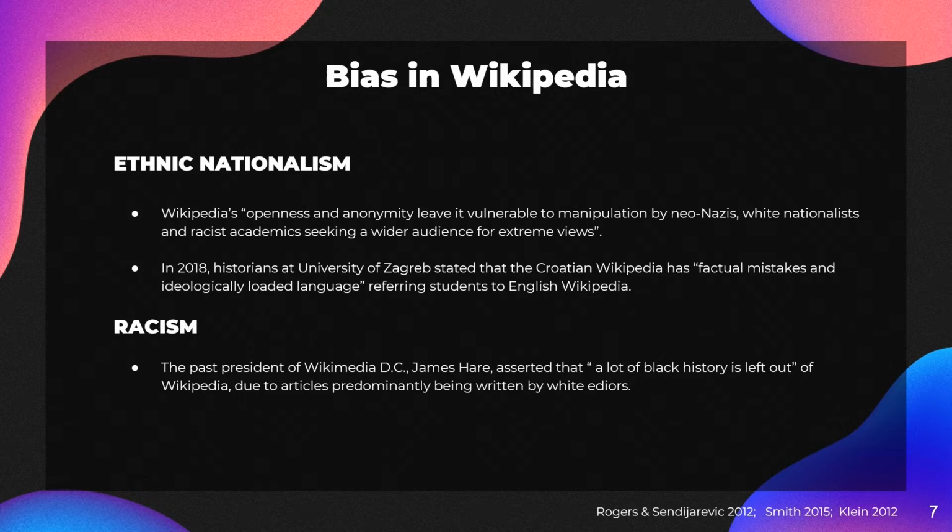As an example, in 2018, historians at the University of Zagreb stated that the Croatian Wikipedia had factual mistakes and ideologically loaded language, and they referred their students to English Wikipedia instead. The past president of Wikimedia DC, James Hare, asserted that a lot of Black history is just left out of Wikipedia due to articles predominantly being written by white editors.